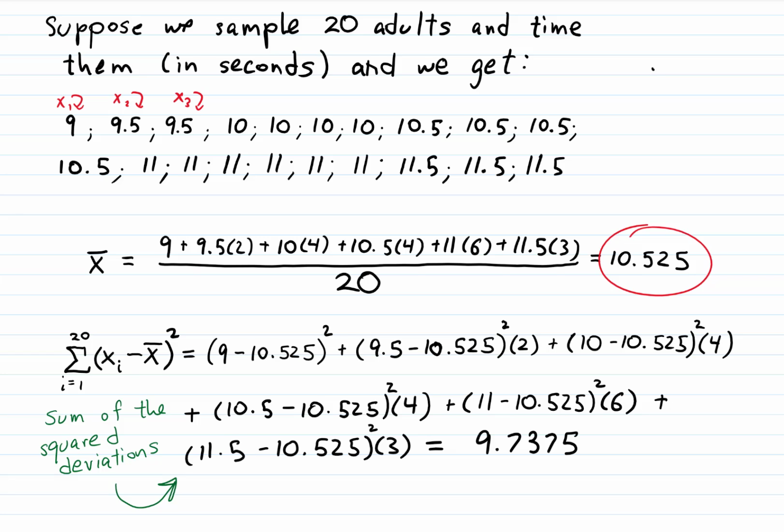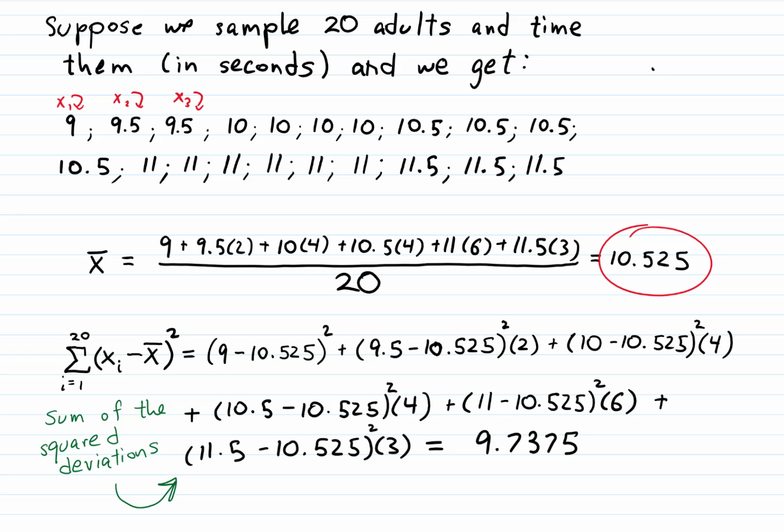Okay, and why did I square them? So that the negative ones would become positive, so they wouldn't cancel out with the ones that were already positive. Okay, but that squaring creates a little bit of a problem that we're going to have to get around in a minute. But let's not worry about that yet.